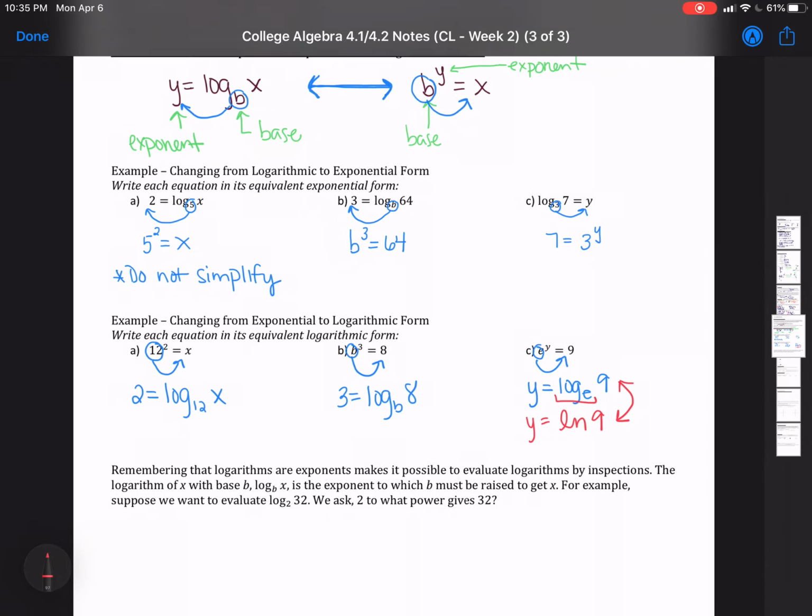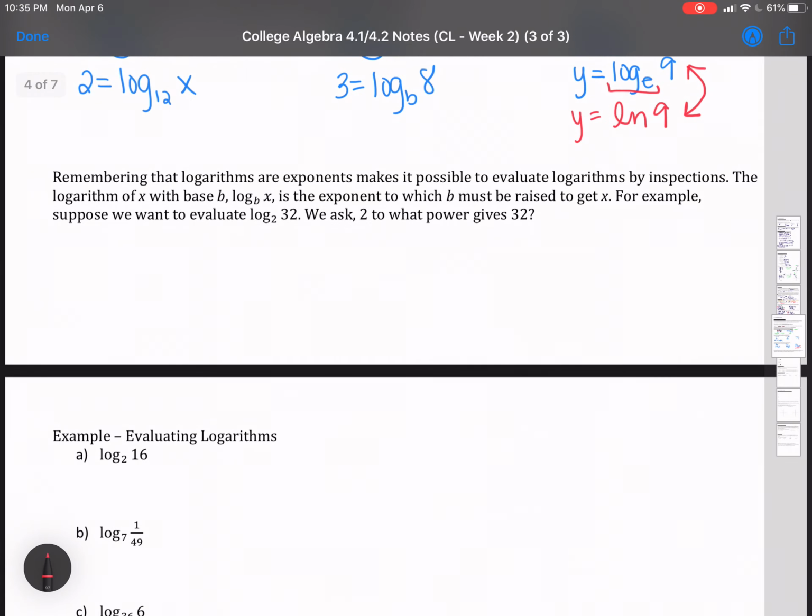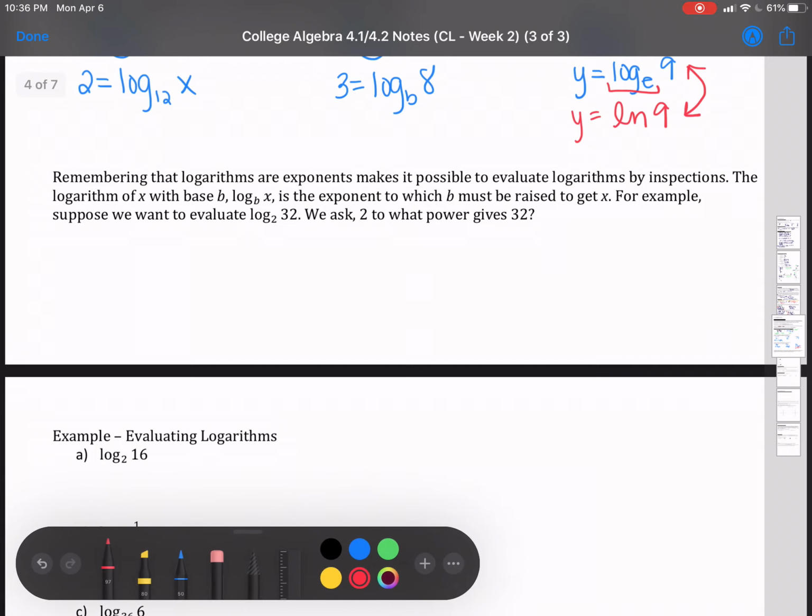Remembering that logarithms are exponents makes it possible to evaluate logarithms by inspection. The logarithm of x with base b, log base b of x, is the exponent to which b must be raised to get x. For example, if we want to evaluate log base 2 of 32, we ask: 2 to what power gives us 32?